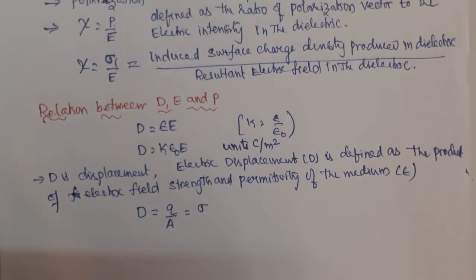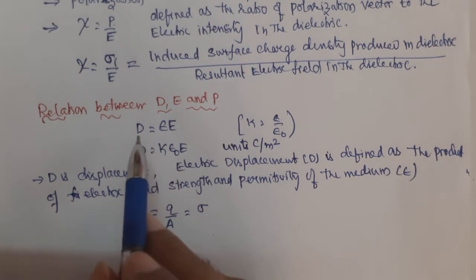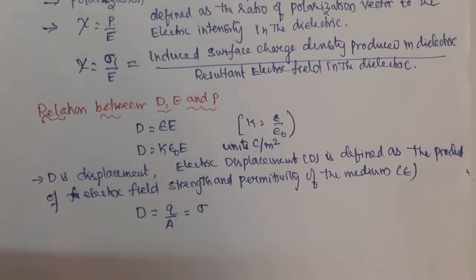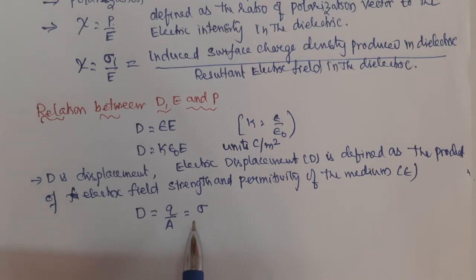So D is equal to the surface charge density of free charges. D is equal to epsilon E, or D is equal to Q by A, and this is numerically equal to the surface charge density.